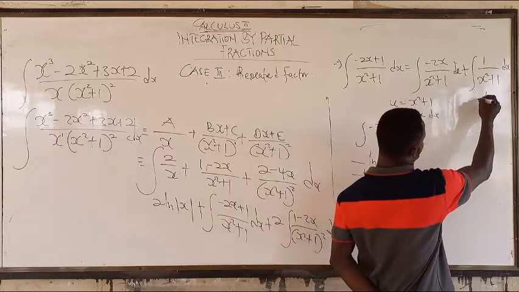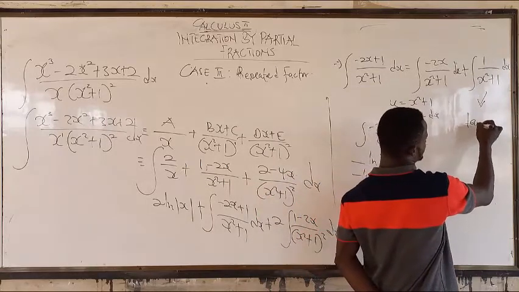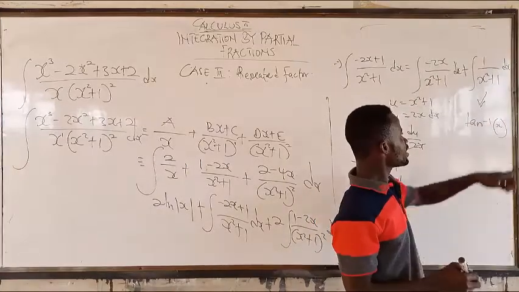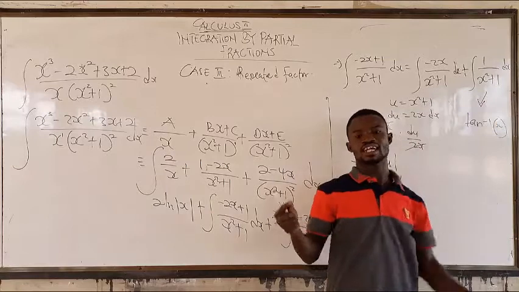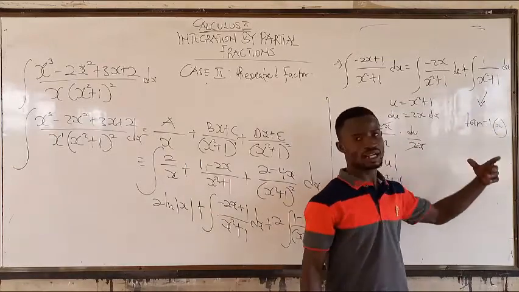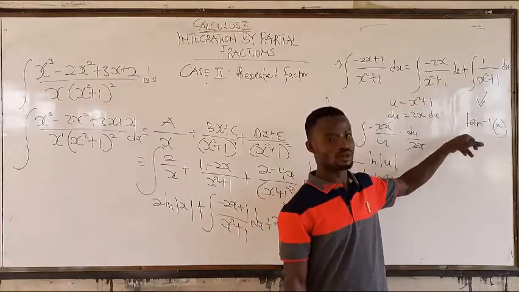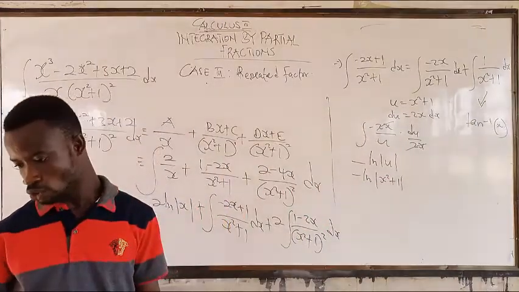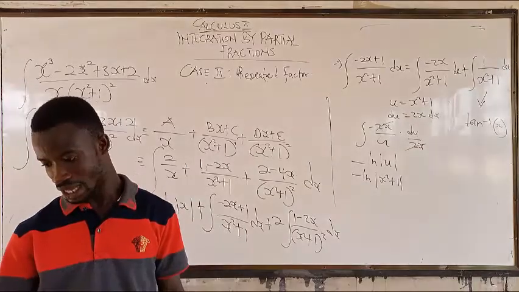Now, what we have here is just tan inverse of s, because the one here is like 1 squared, a squared. So s over 1, 1 over 1, 1. So that is tan inverse. So we are able to establish that part.